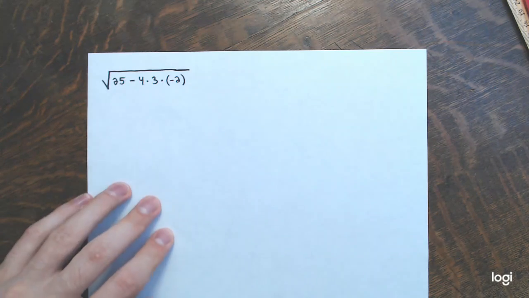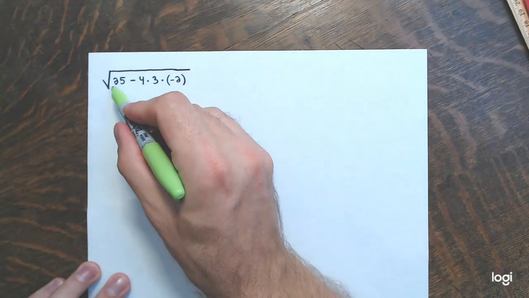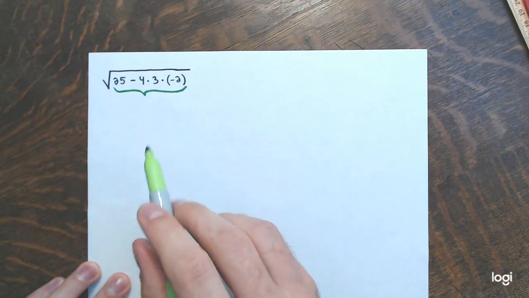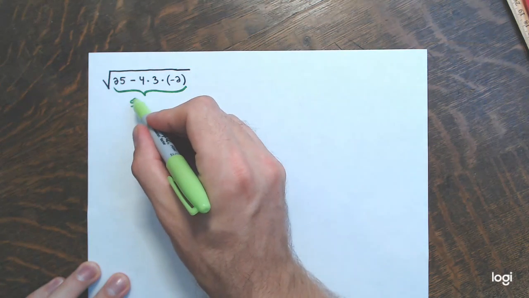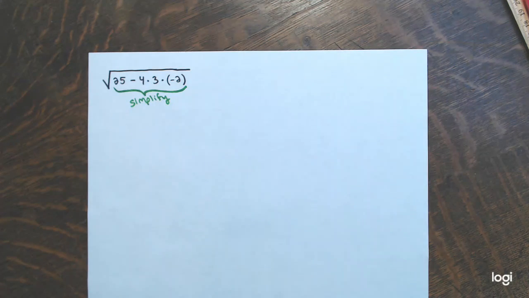But again, that's for a later video. Alright, so as I mentioned, first I want to take the radicand, the expression inside, and simplify that first. And then find the non-negative square root.